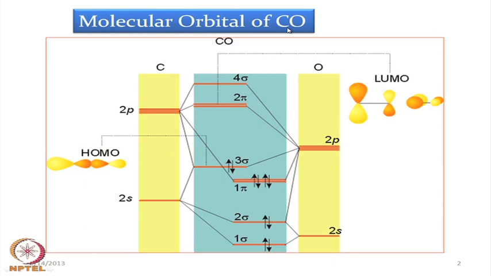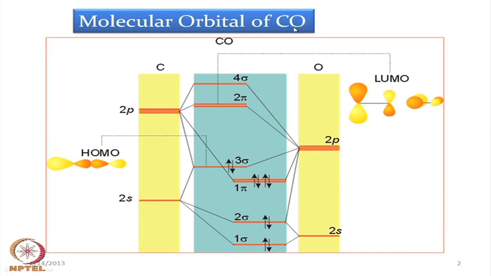If we just consider the molecular orbital picture of carbon monoxide, carbon is providing 4 electrons and oxygen is providing 6 electrons.